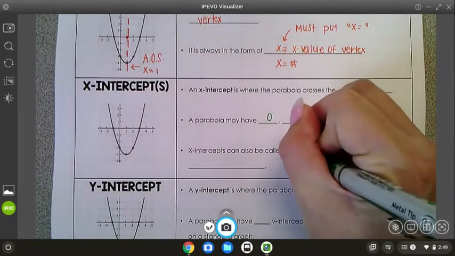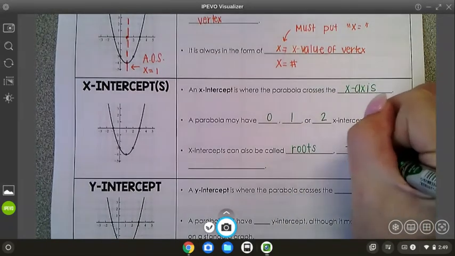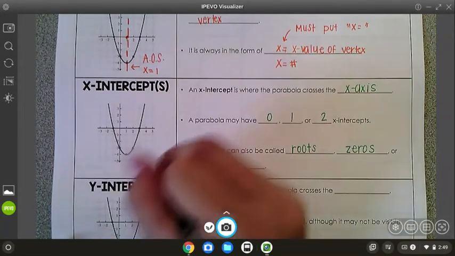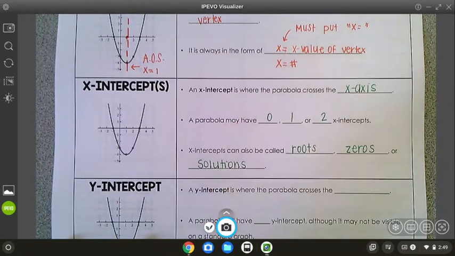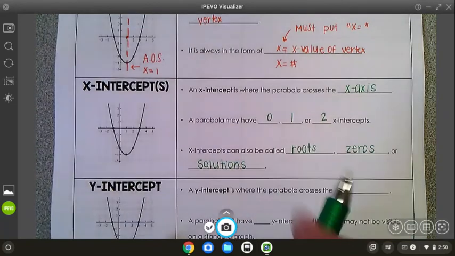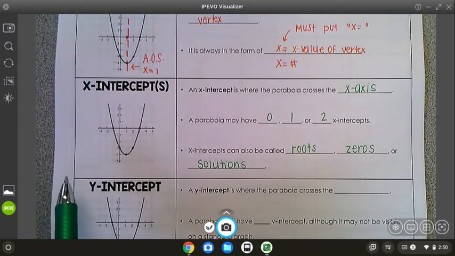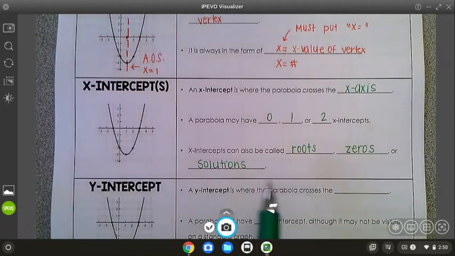We might call them roots, zeros, or even solutions. But x-intercepts is the one that when you hear that word, you automatically think x-intercept. If I say, what are the zeros? You might be a little confused, but I am going to interchange those further on.